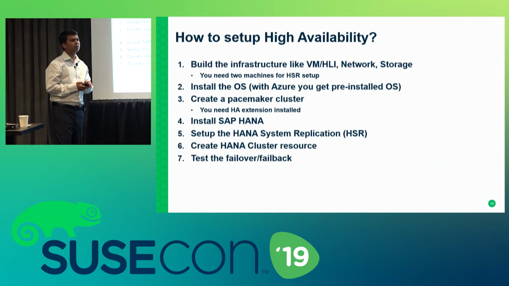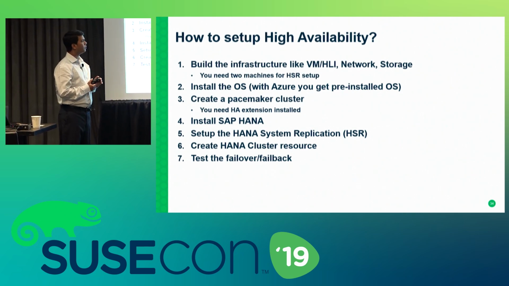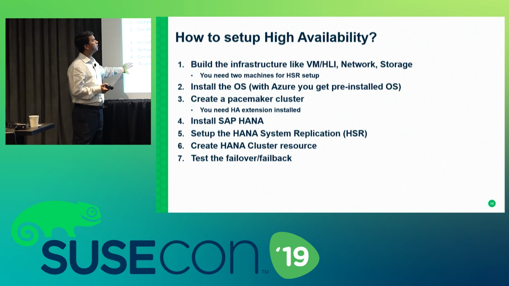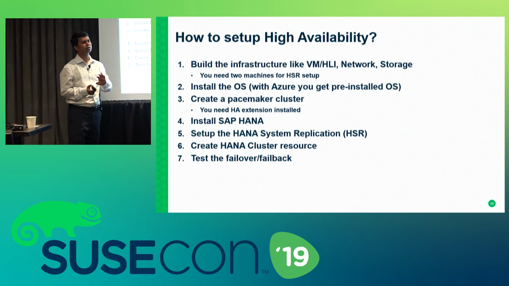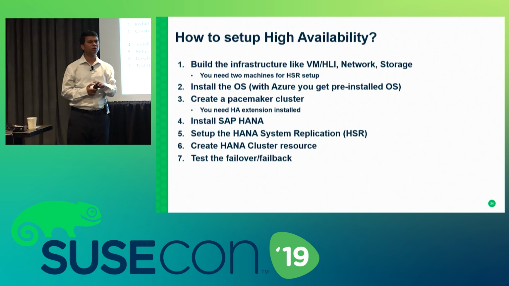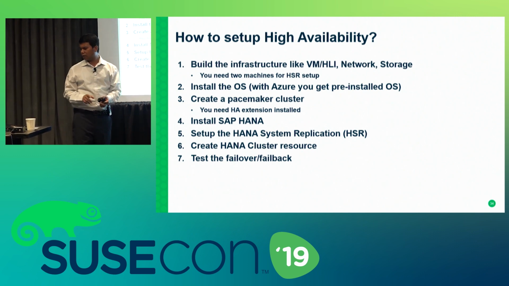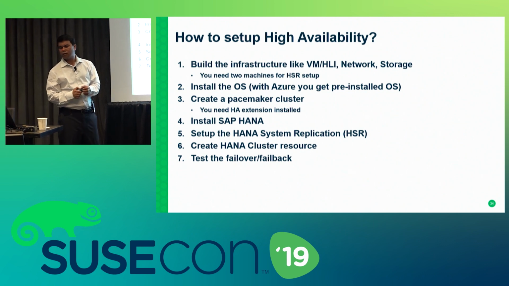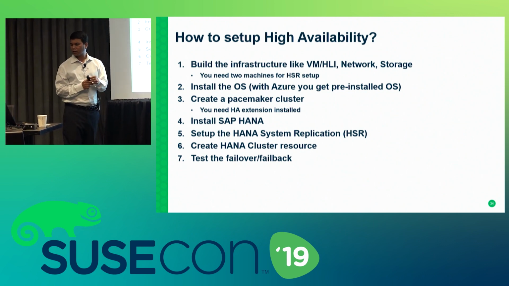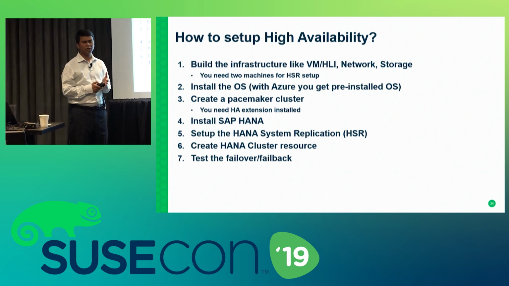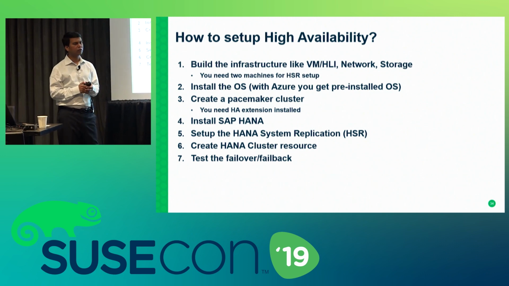Now, how do you set up the HANA system replication? There is detailed documentation available from SUSE. We have documentation on docs.microsoft.com as well. But from a very high level perspective, these are the steps involved. Number one is to build the infrastructure like VM or HLI, network and storage for 2 machines.